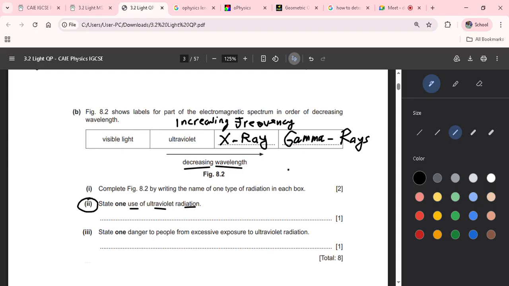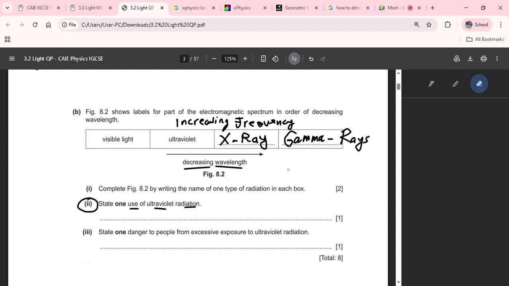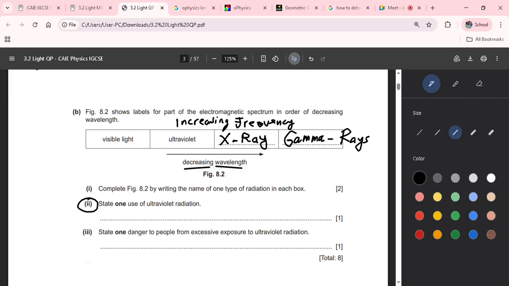One of the uses of ultraviolet radiation is in a medical situation to sterilize.